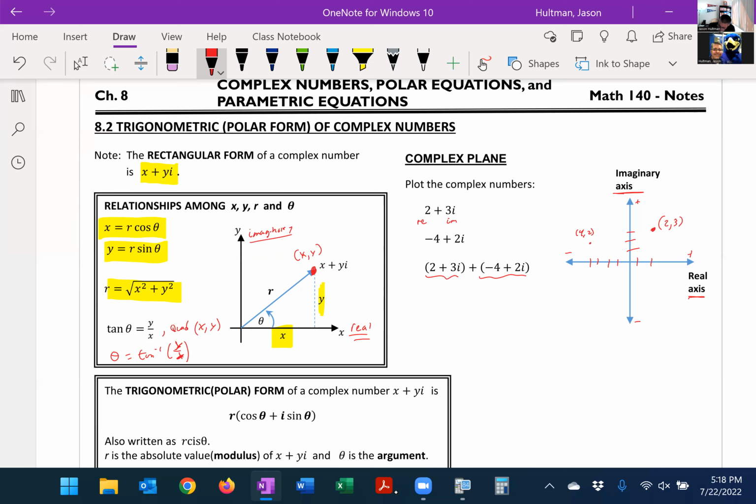One, we could represent these imaginary values as vectors, okay, originating from the origin. And the fact that they're tail to tail means that I could create a parallelogram here.